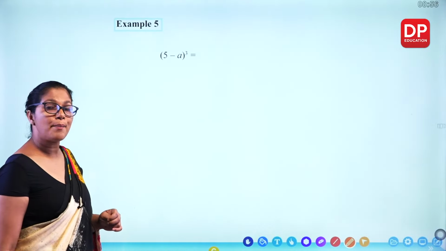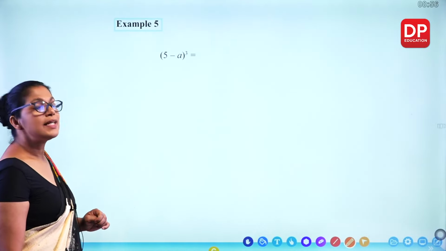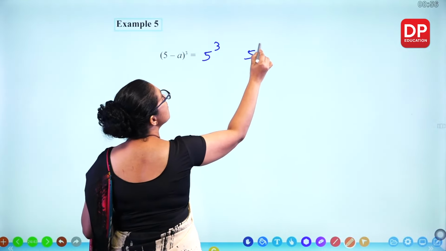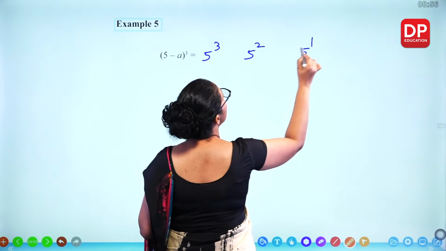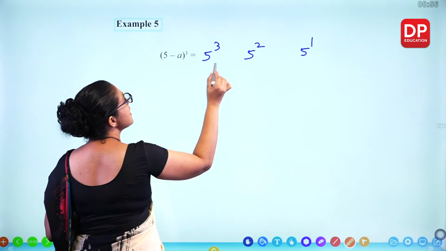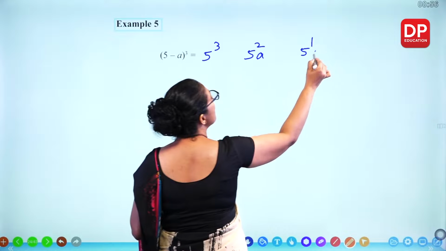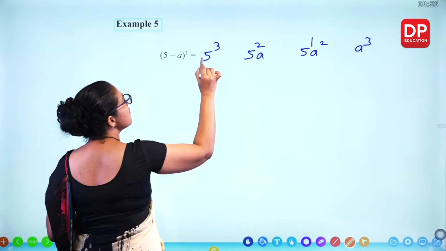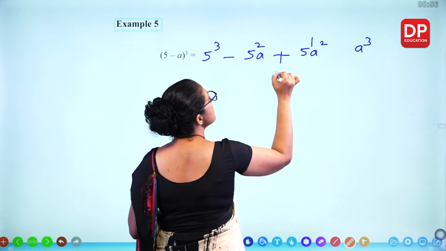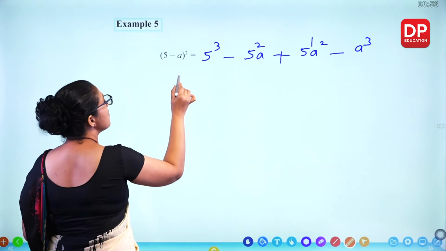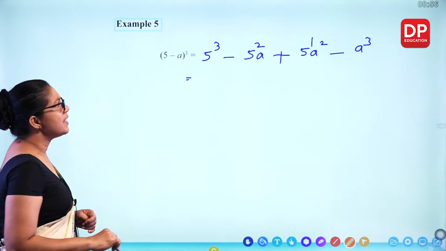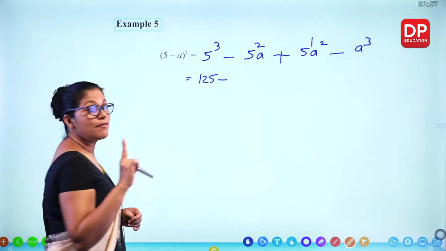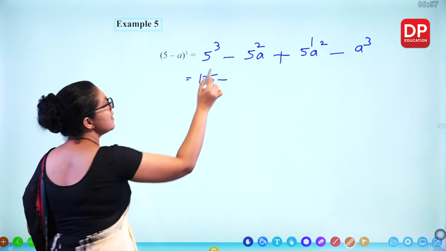Now we'll look at example number 5. Again minus with power 3. So we'll write down power 3, power 2, power 1. Last term is a. Power 1, power 2, power 3. Then the sign. First term plus, second term minus, third term plus, last term minus. 5 to the power 3, 125. 5 squared, we forgot to put 3. 3 in the middle.